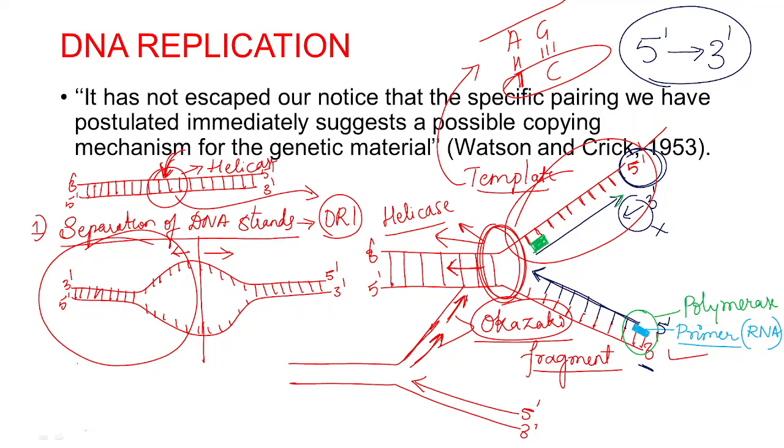To remember, each and every Okazaki fragment will have the RNA primer here. Then with the help of these Okazaki fragments, the other strand will be formed.